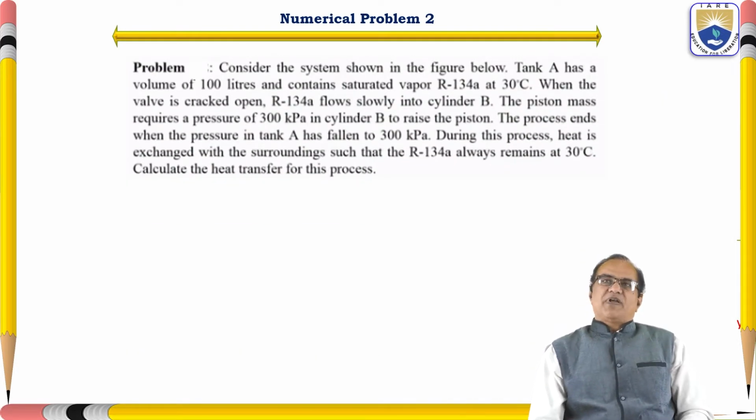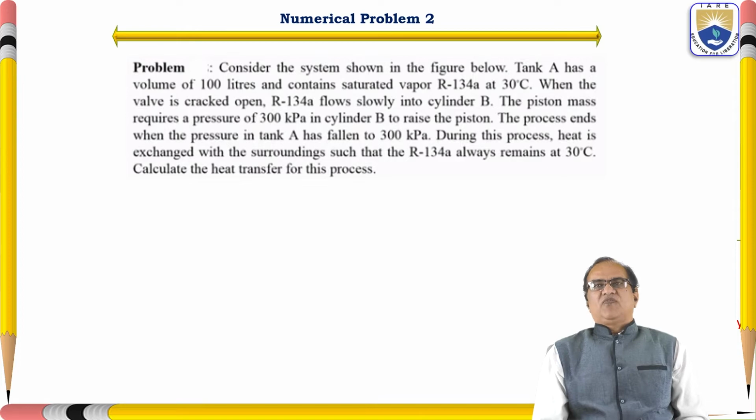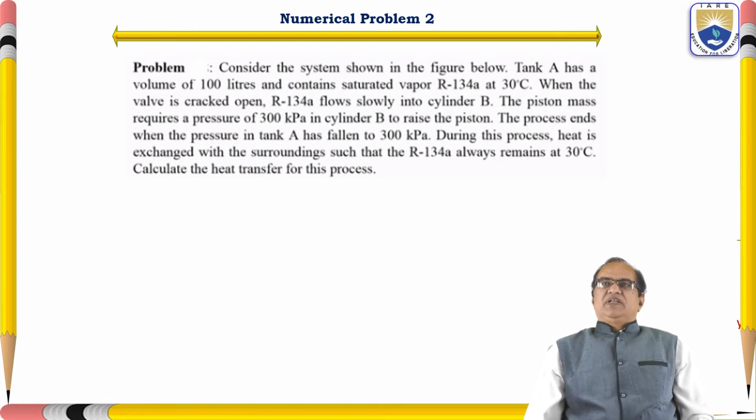Now I will go for the next problem, that is numerical problem number 2. Consider the system shown in the figure below. Tank A has a volume of 100 liters and contains saturated vapor R134A at 30 degrees centigrade. When the valve is cracked open, R134A flows slowly into cylinder B. The piston mass requires a pressure of 300 kilopascal in cylinder B to raise the piston.